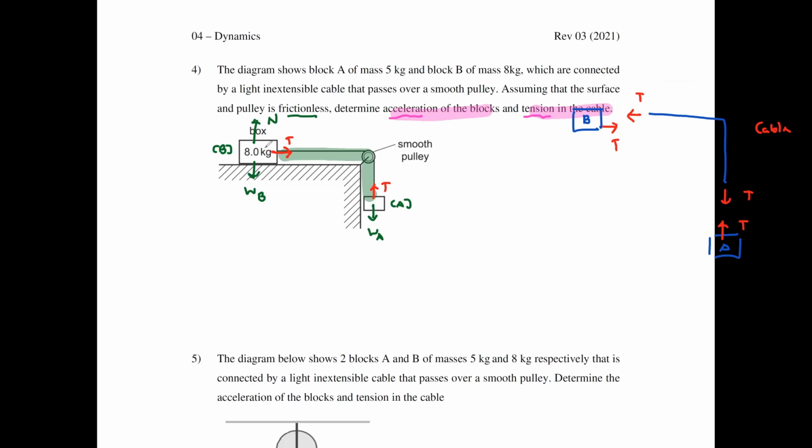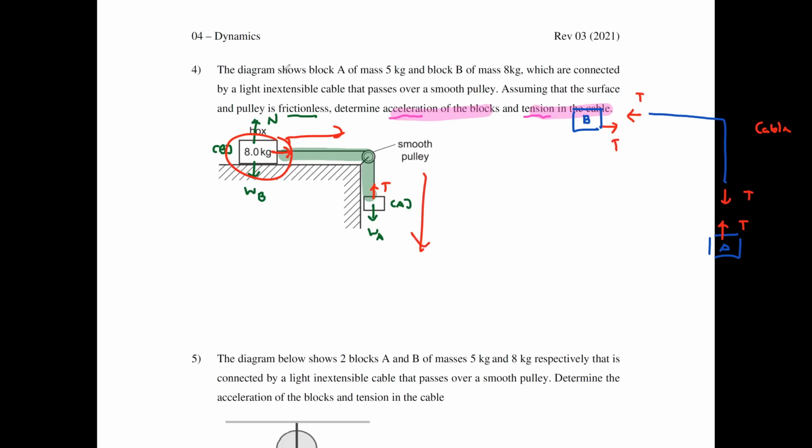All right, so these are the forces acting on your blocks right now. Now, when you release the block, block A will pull down block B. It will drag this block across the table while this one goes down.